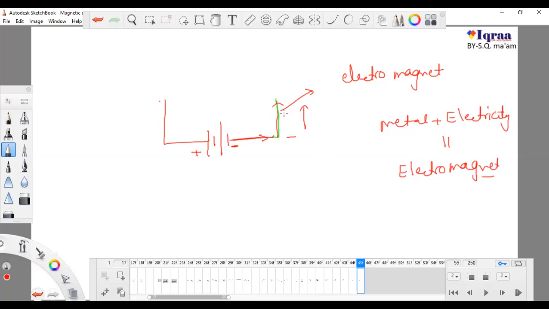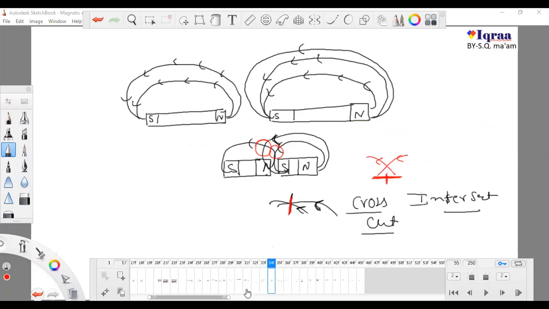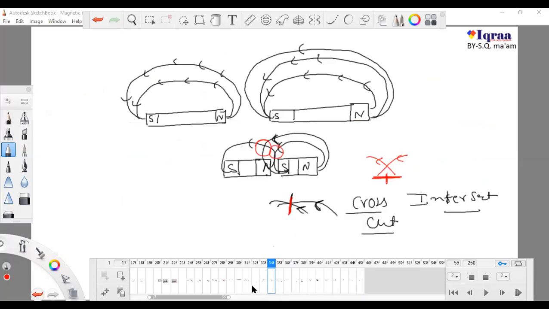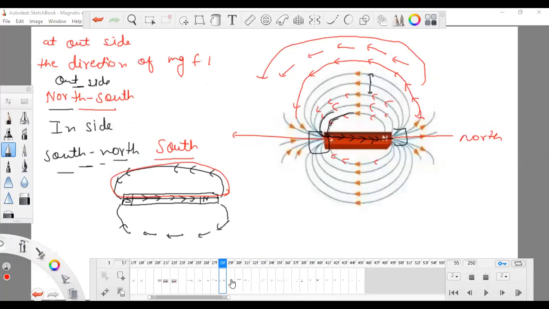So definitely there will be a south pole and a north pole. We studied this. Now it is working like a magnet, and as magnets have a magnetic field around them, this magnet has a magnetic field and magnetic lines. Each and every magnet has two poles, south and north.